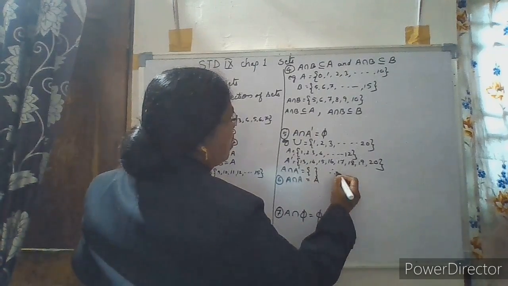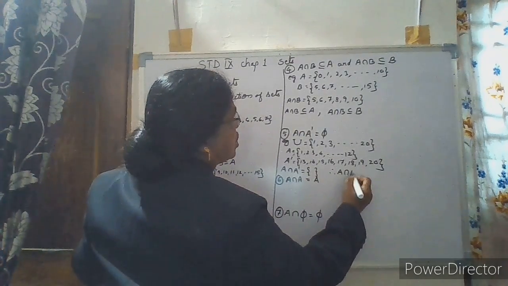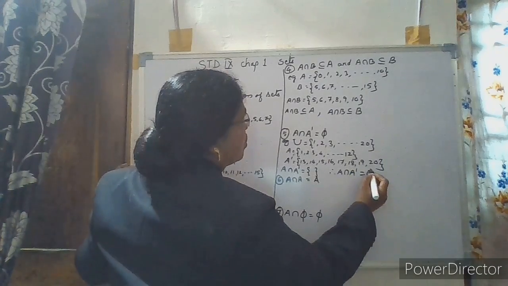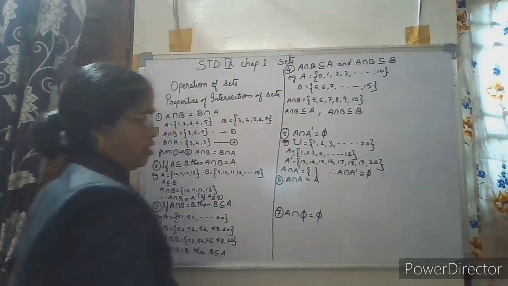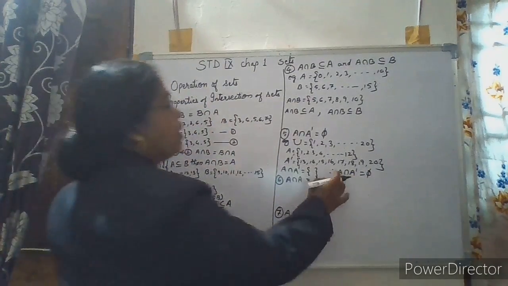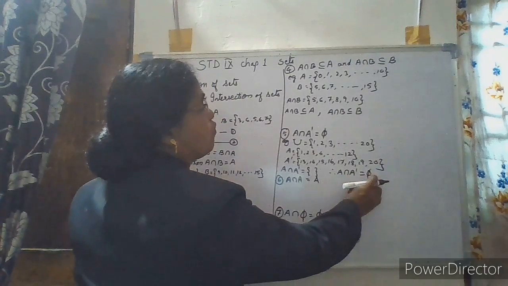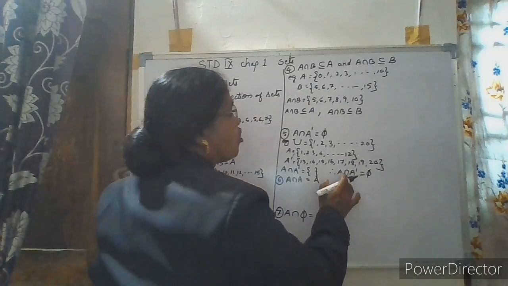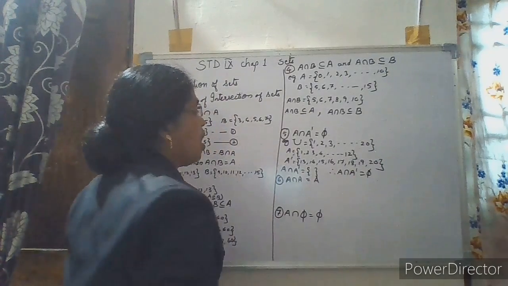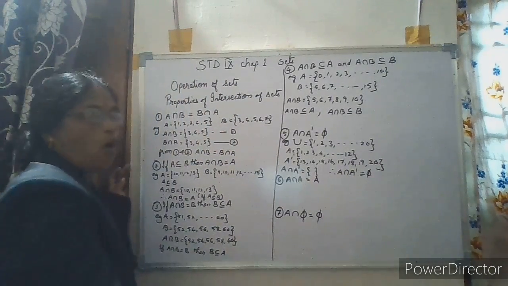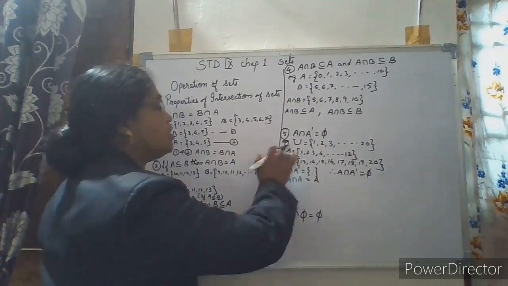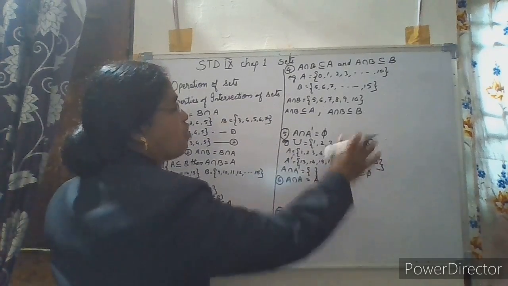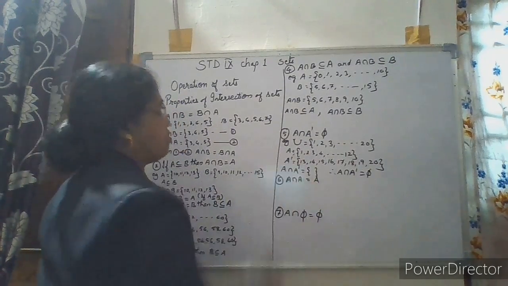Therefore, A intersection complement of A is equal to a null set. In the same manner, B intersection complement of B will be equal to a null set, and C intersection complement of C is equal to a null set. So a set intersection its complement is always equal to a null set.